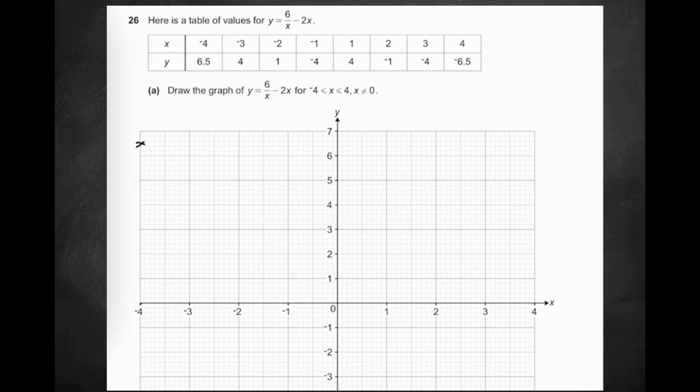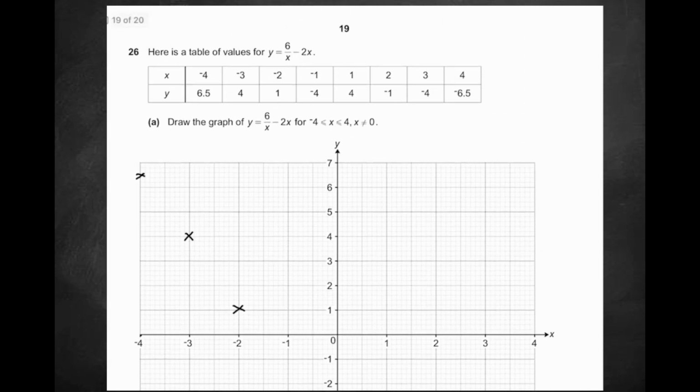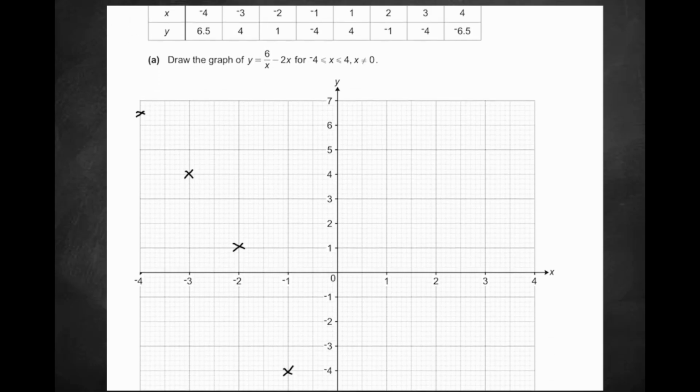Minus 3, 4. Minus 2, 1. Minus 1, minus 4. 1, 4. 2, minus 1. 3, minus 4. And 4, minus 6.5.